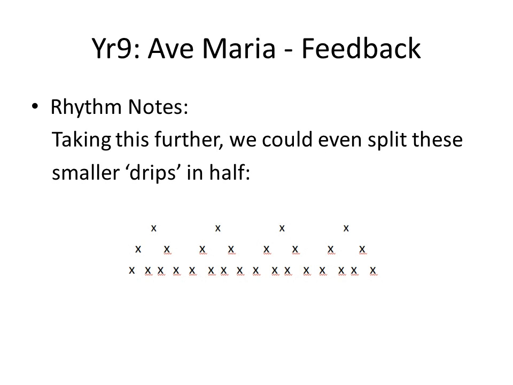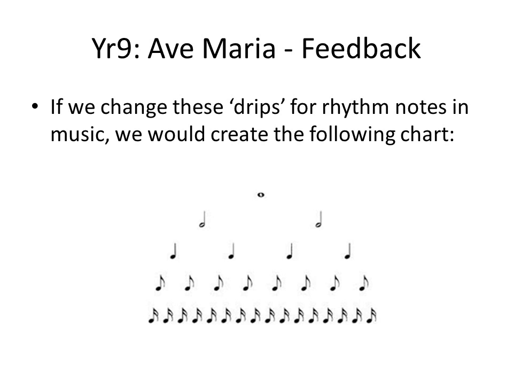We could take this further still, cutting those half crosses into smaller crosses, which would mean it would get quicker and quicker. This is the basis of the musical rhythm tree.